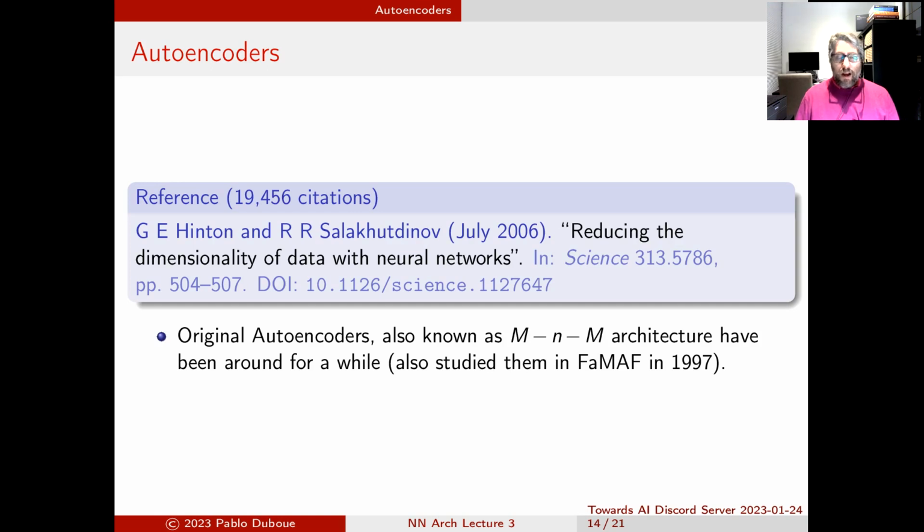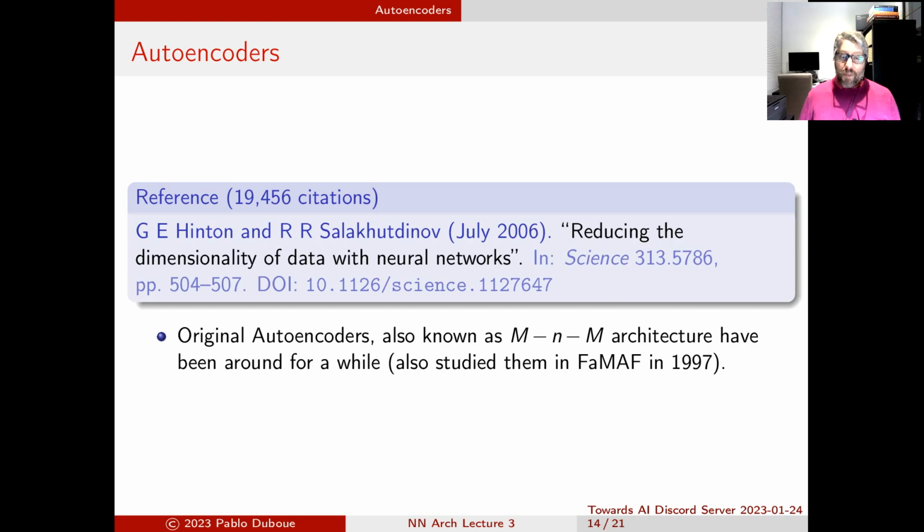Now, an autoencoder architecture with only one layer was trainable before deep learning. These days, we can train deep autoencoders using the techniques we saw in the first lecture: mini batches, SGD, ReLUs, etc. In 2006, we didn't have all those techniques yet, but what we had were RBMs.